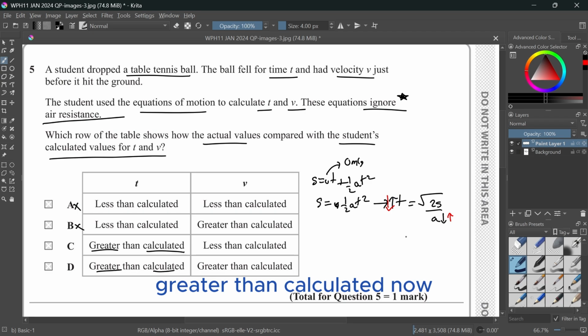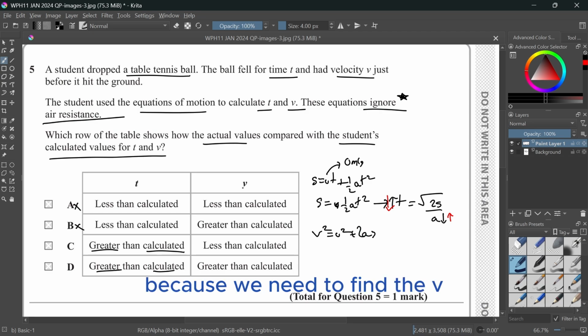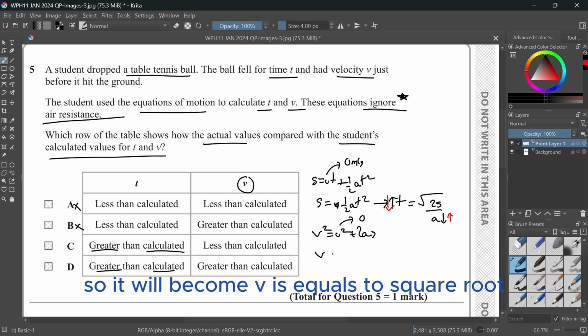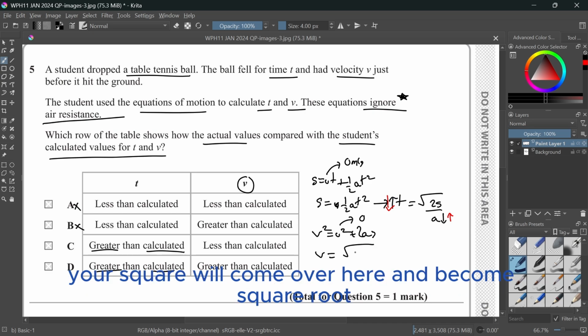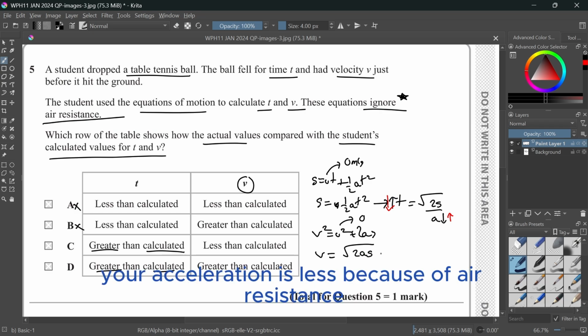Greater than calculated. Now we can use the formula v squared equals u squared plus 2as because we need to find v. You know your u is 0, so it will become v equals square root of 2as. Now in actual values, your acceleration is less because of air resistance, right?